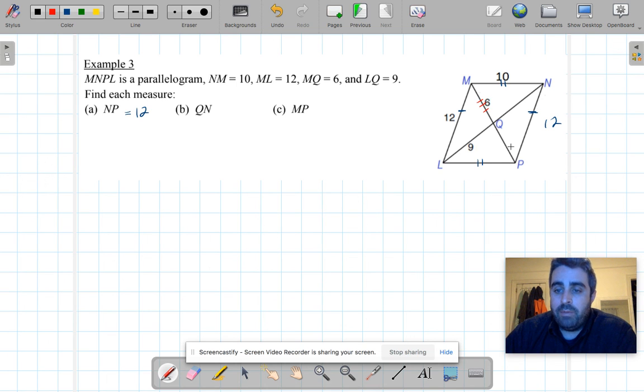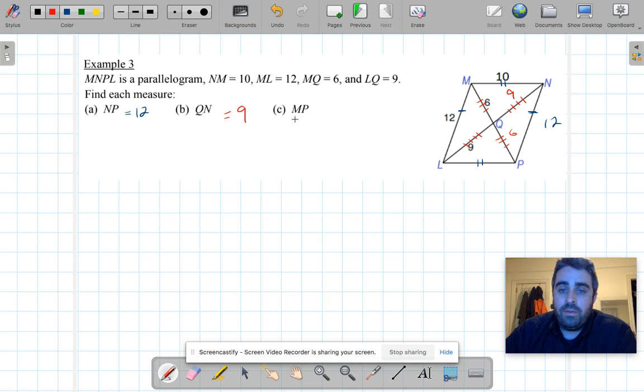So I know that MQ and QP are the same. And then I also know that LQ and QN are the same. So I know QP is 6, and I know QN is 9. So QN is 9.